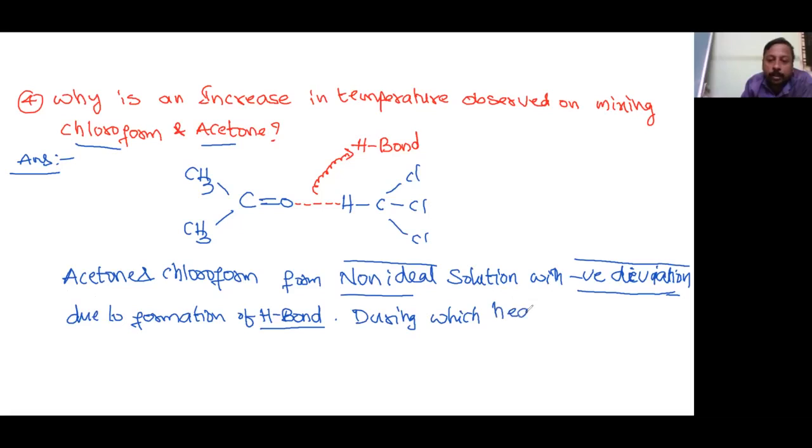It is an exothermic reaction. Non-ideal solution, already we have studied, delta H mix will not equal 0. For negative deviation it will be less than 0. Once it is less than 0, that means it is exothermic. This is for your identification I am telling you. During which heat is released.